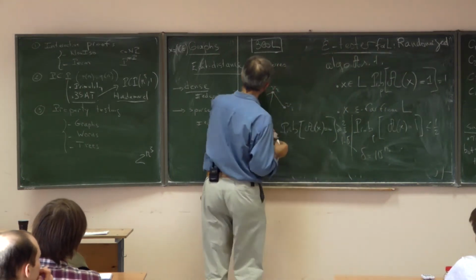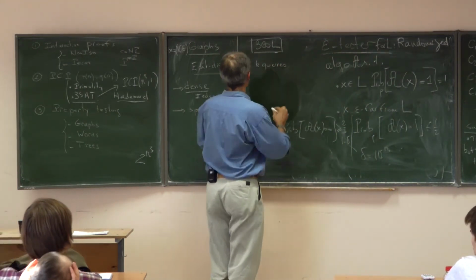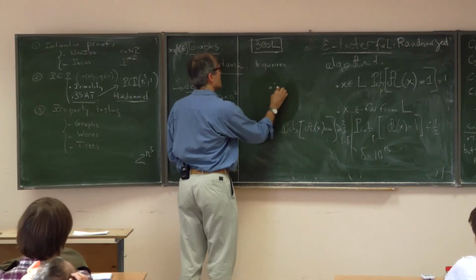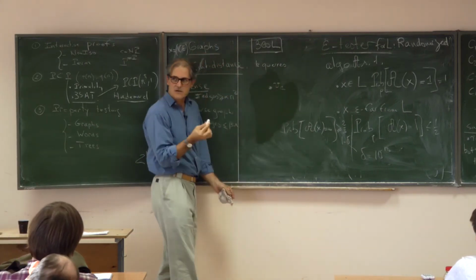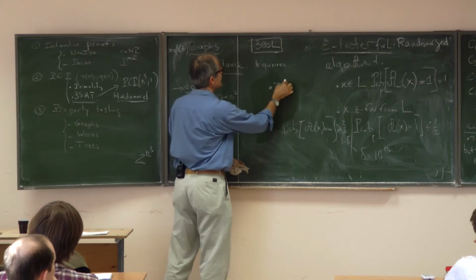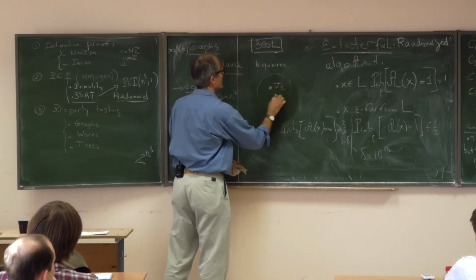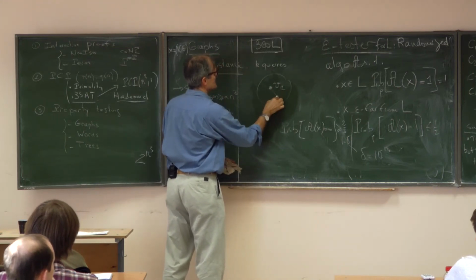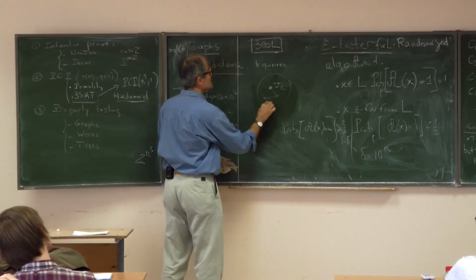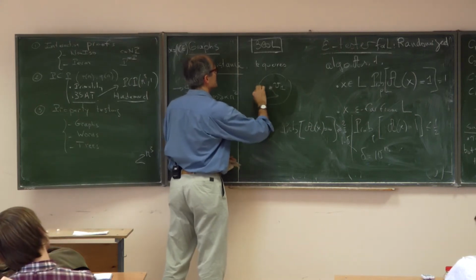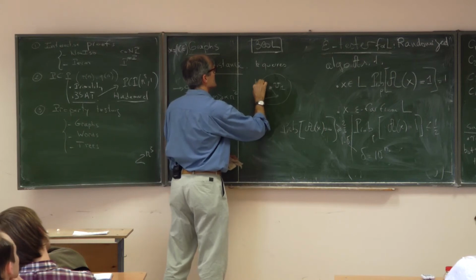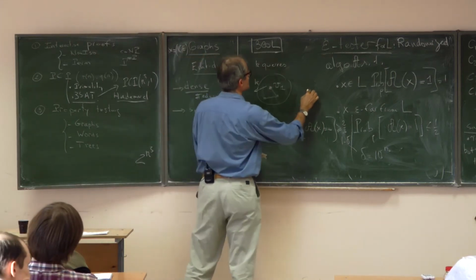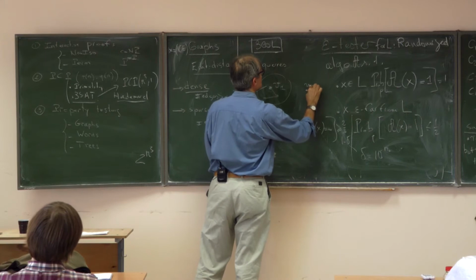For sparse graphs, what you do is you take v1 and you take its neighborhood at distance k. So you take all the nodes that you see within distance k. Then you do it for v2.